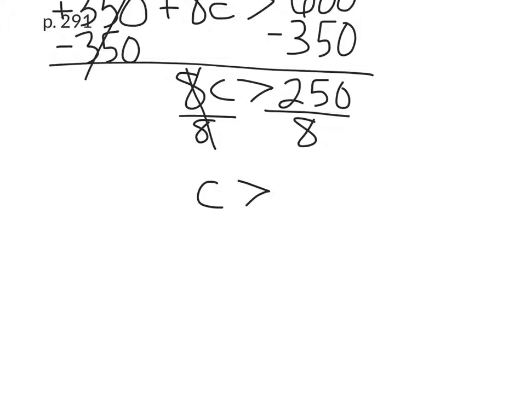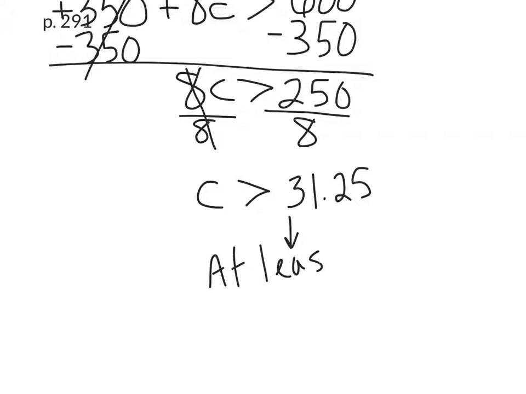And then when you divide that, 250 divided by 8 is 31.25. Okay. Would somebody like a fourth of a calendar? Oh, no. Okay, so we're going to round it off, so we're going to say they would need to sell at least 32 calendars.